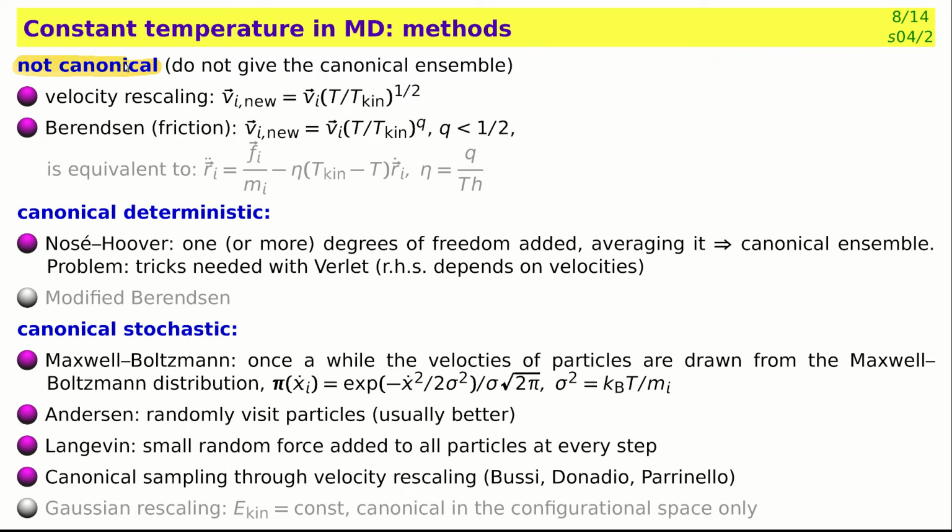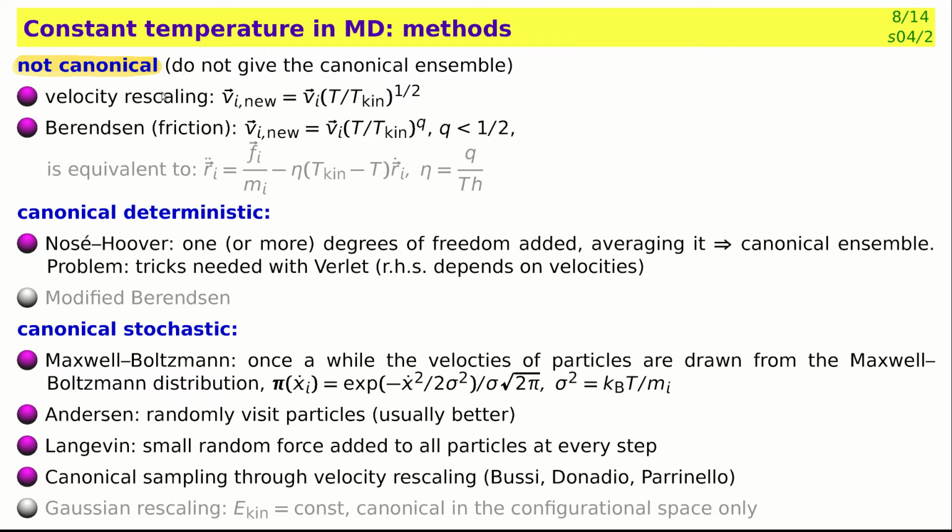These thermostats which are not canonical do not have this property. Often it doesn't matter. Sometimes we need quantities like fluctuations, and then it does matter. We cannot use these methods to determine some quantities.